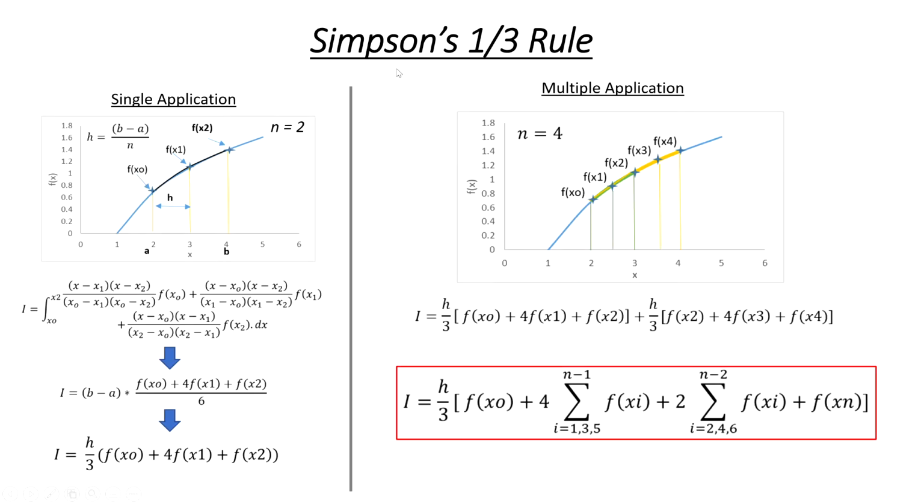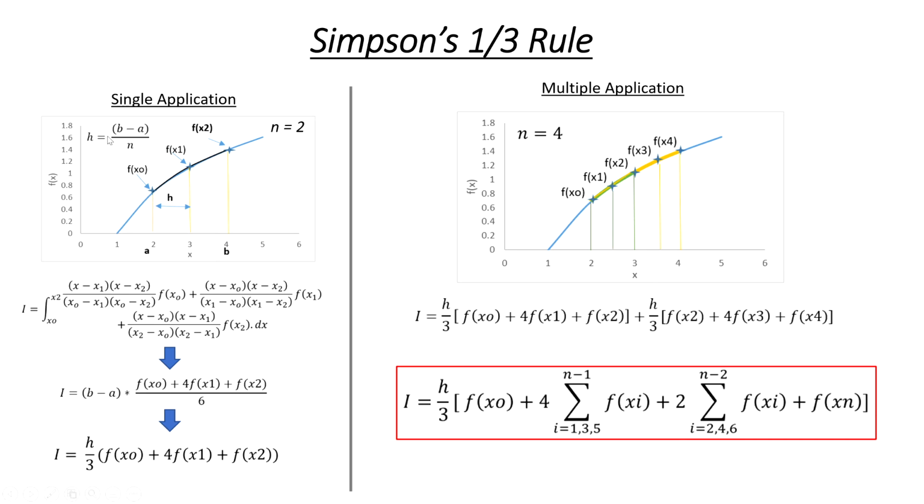But when it comes to Simpson's 1/3 rule, actually a 1 application Simpson's, because we are defining a polynomial using 3 points, we have actually 2 segments. So for each application, there are 2 segments. So if I'm using 2 applications of Simpson's 1/3, now I have 4 segments. If I'm using 3 applications, I have 6 segments, and so on.